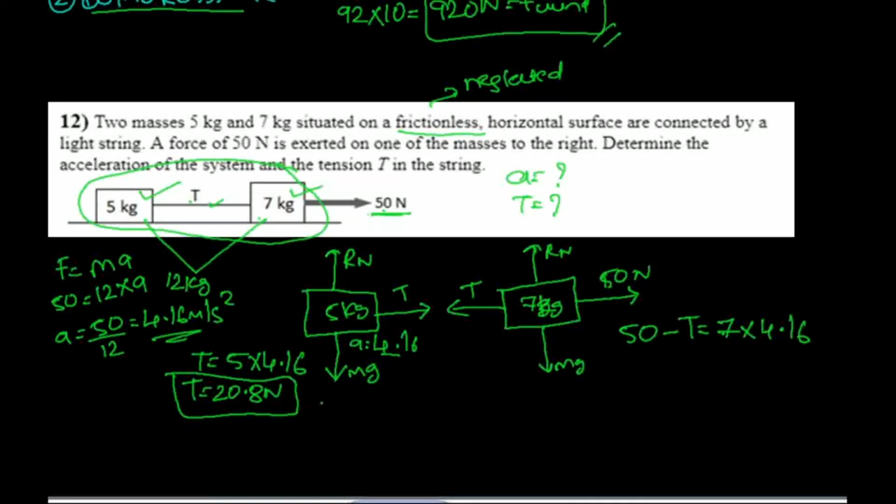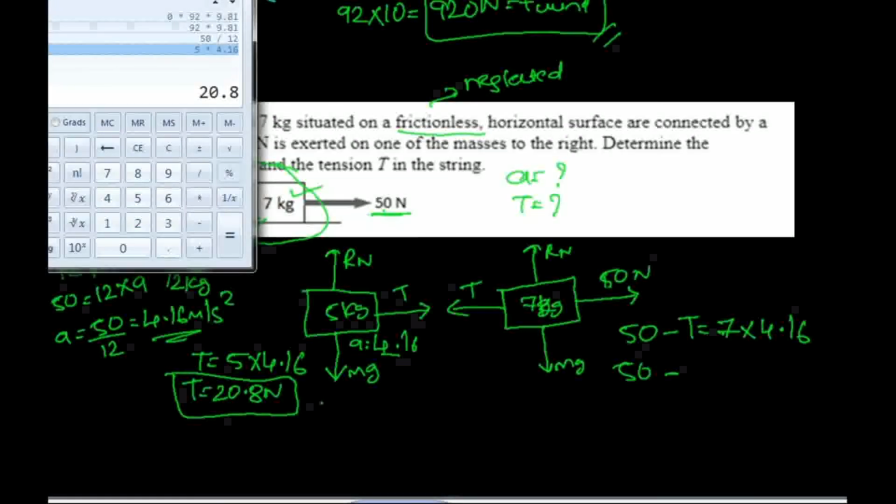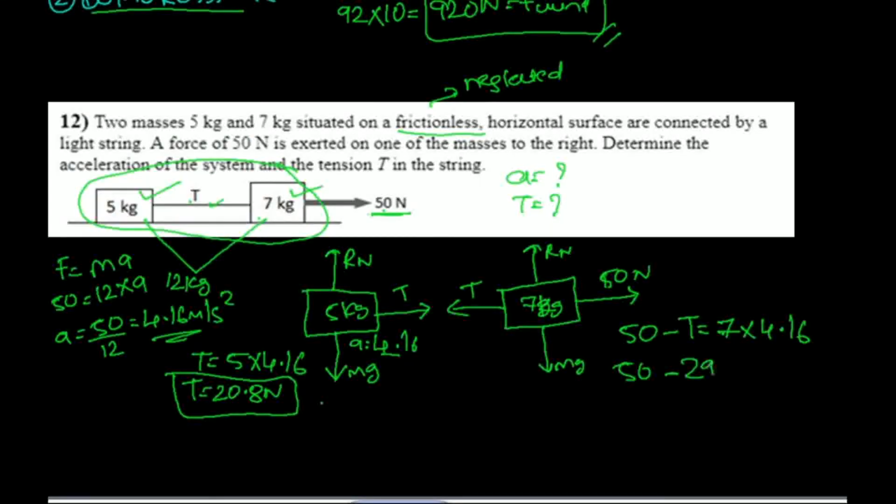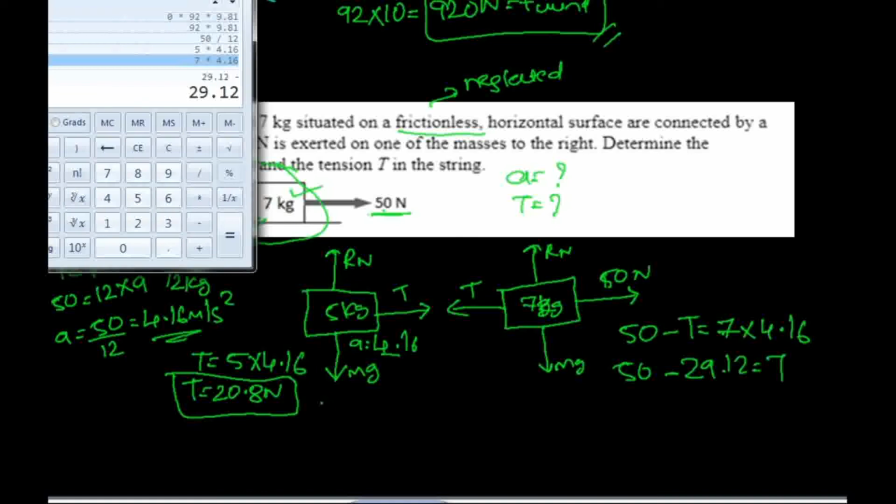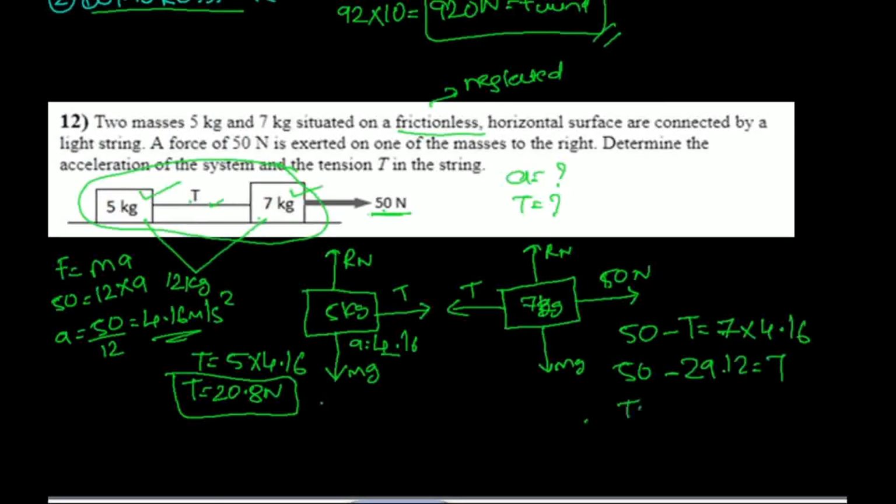Resolving this equation, 7 into 4.16 is 29.12, 50 minus 29.12 is 20.88. T is equal to 20.8 Newton.